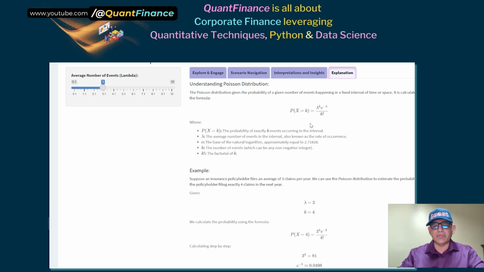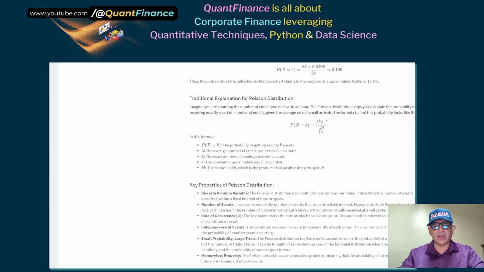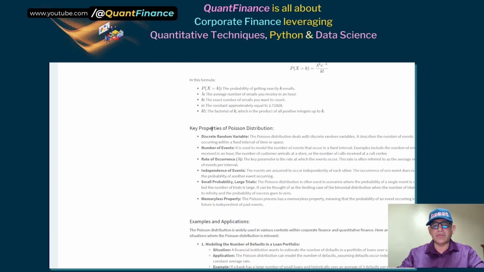Before getting into this formula, we have to understand a couple of things about Poisson distribution. First main property is that it deals with discrete random variables. This means that it describes the number of events occurring within a fixed interval of time or space.